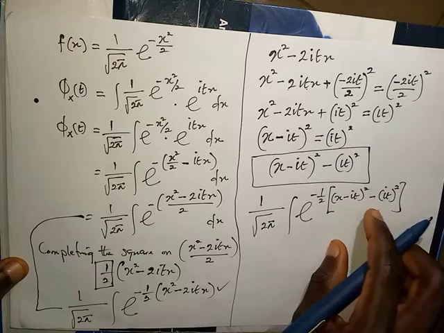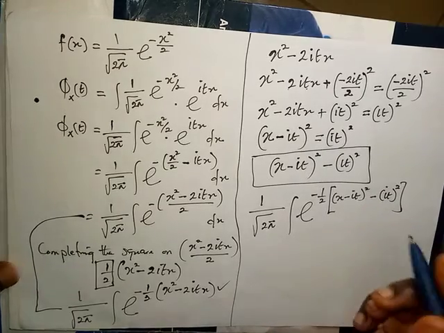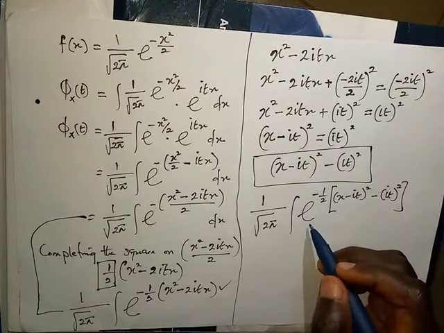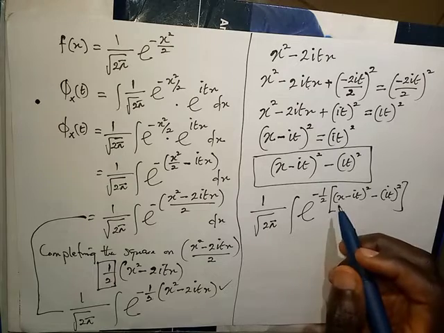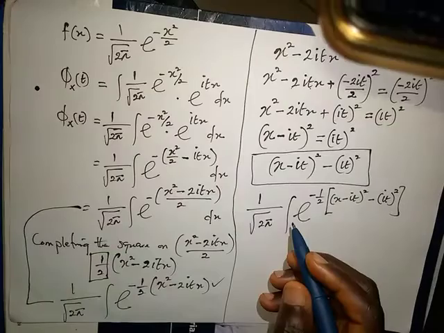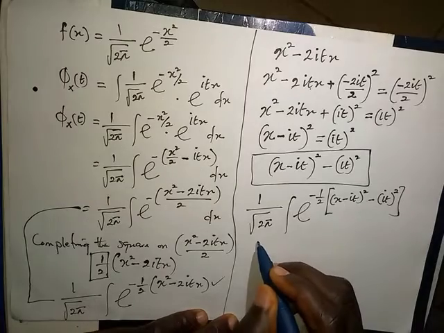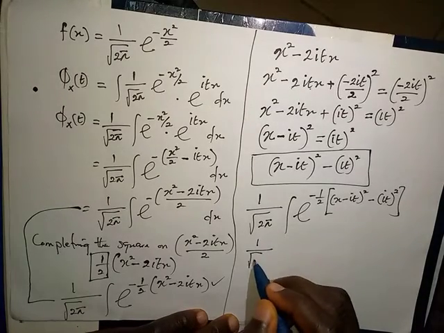Since it is exponential raised to power, we can open this now, so this will have 1 over square root of 2 pi.